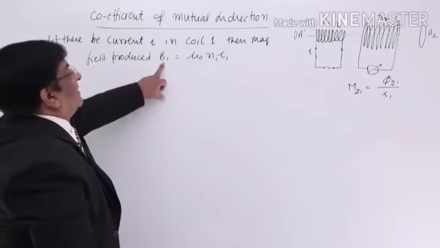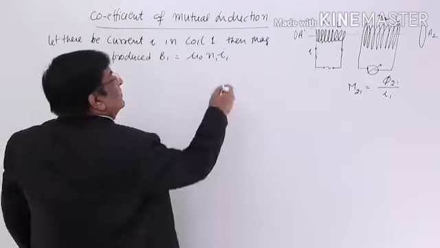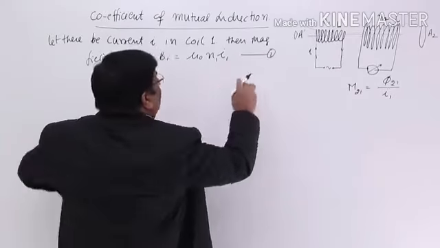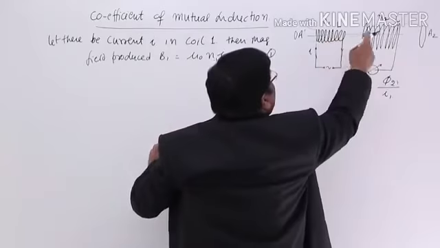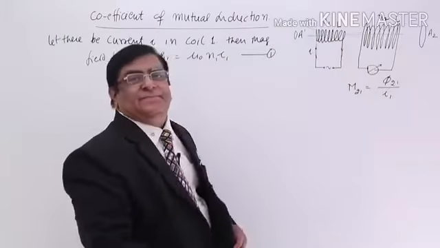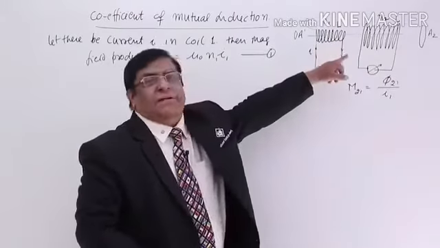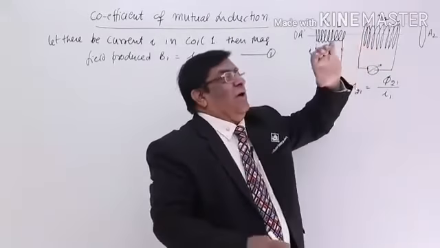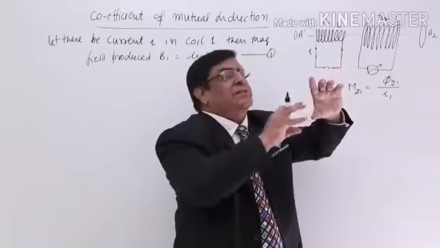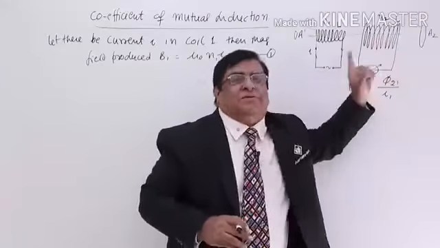This is the magnetic field produced by coil number 1, and when this magnetic field extends, this is very close by, so this is the one which is touching it. Now this magnetic field touches a certain area of the coil, so that produces a flux.